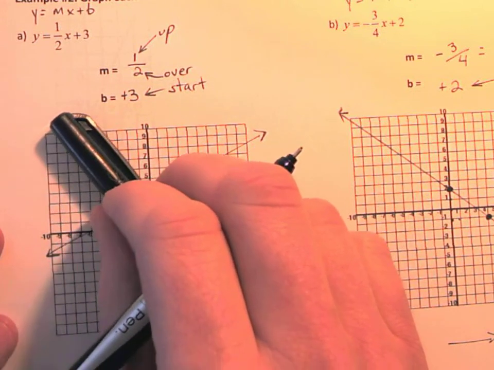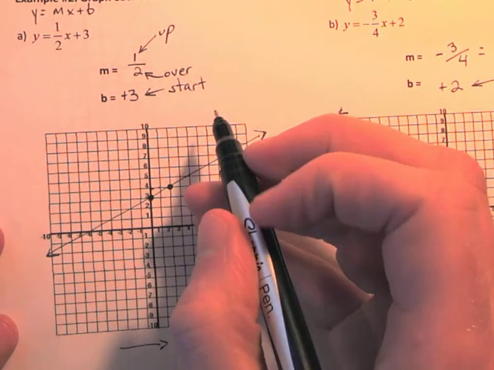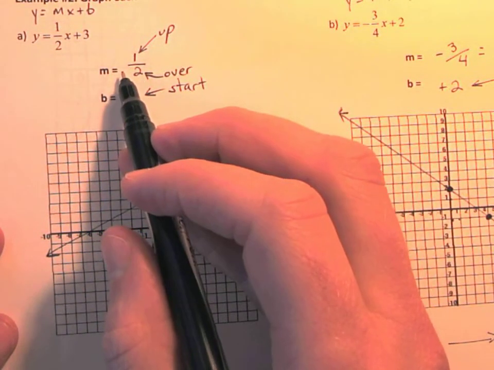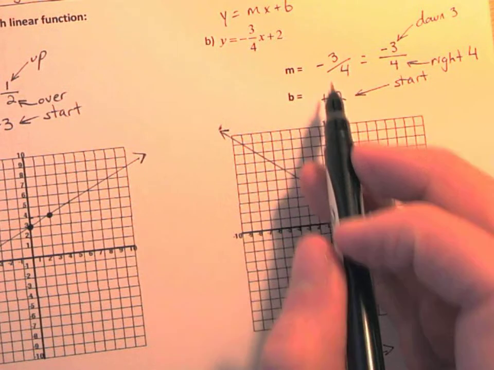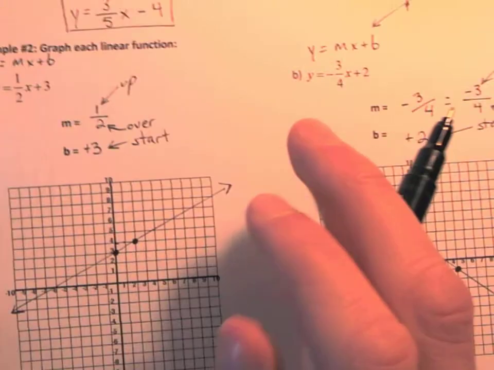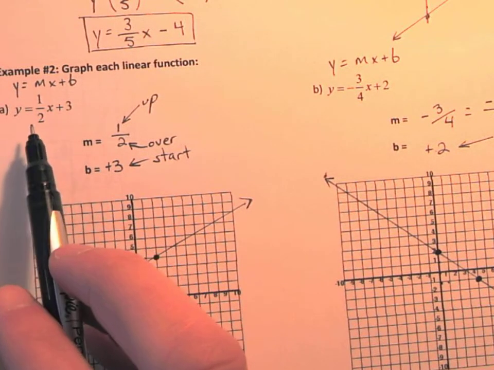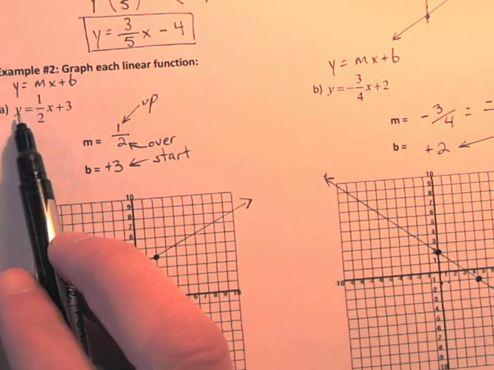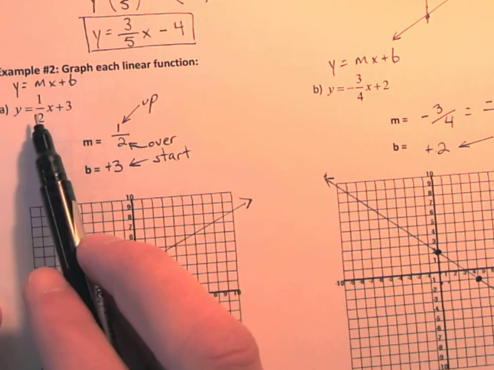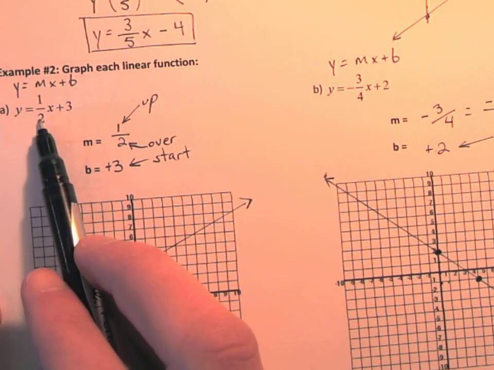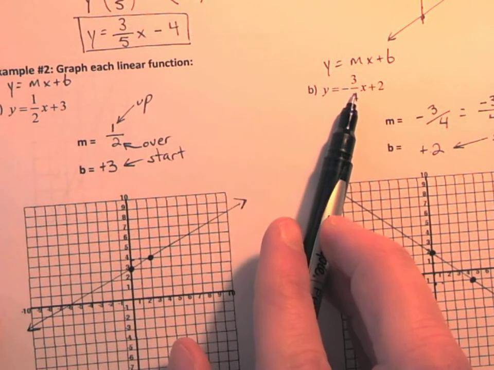You'd have to push it uphill. Okay, so it means uphill if it's a positive, it means downhill when it's a negative. So you can do a quick check when you see an equation. You'd say y equals half x plus 3. You'd see that the m value is positive, so you'd say this is going to be uphill. This is going to be downhill.